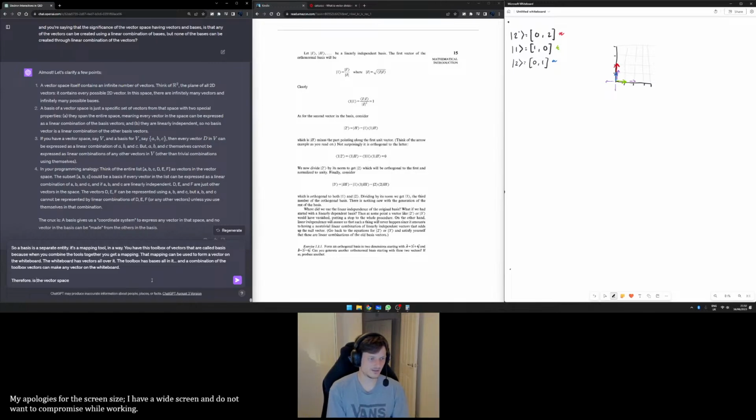Therefore, is the vector space a name to encompass both the toolbox and the whiteboard? And the vectors, yeah.